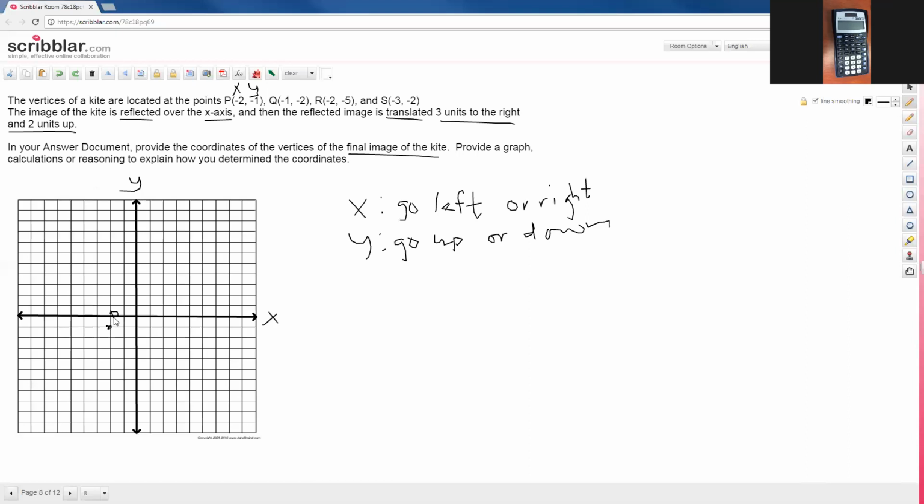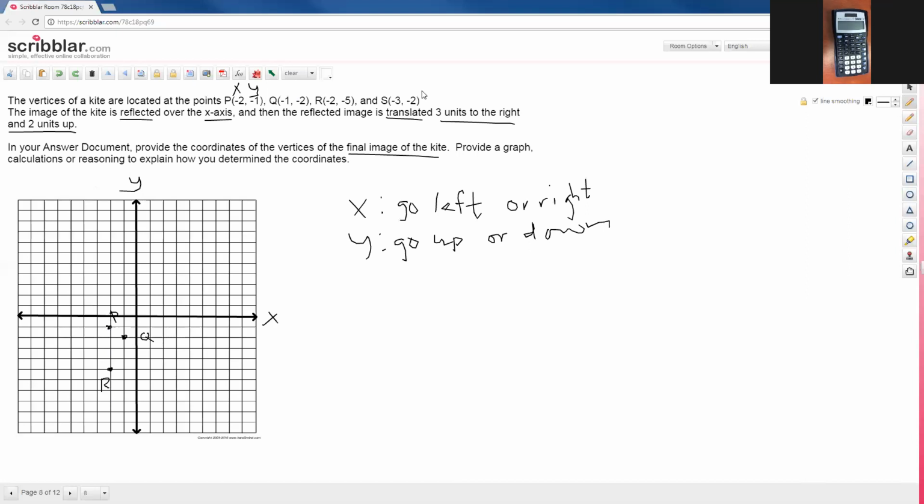And you would want to label it with a P. Point Q, -1, -2, that goes left 1, down 2. Point R is -2, -5. We go left 2, down 1, 2, 3, 4, 5.